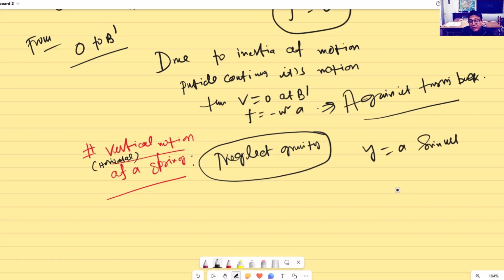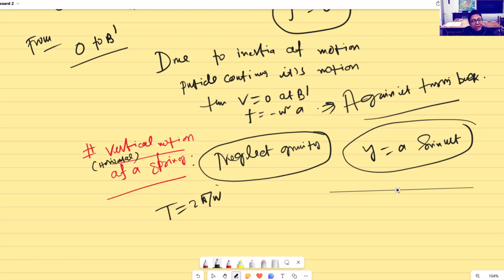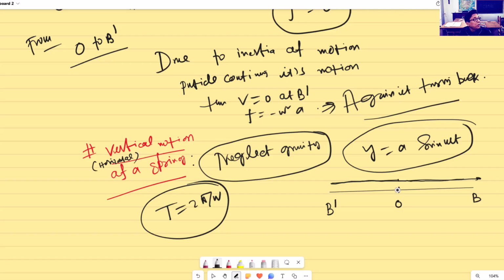It is independent because the particle has a time period T equal to 2 pi by omega. If the particle starts from O, goes to B, comes back, goes to B dash and returns, the time required is the time period, 2 pi by omega.